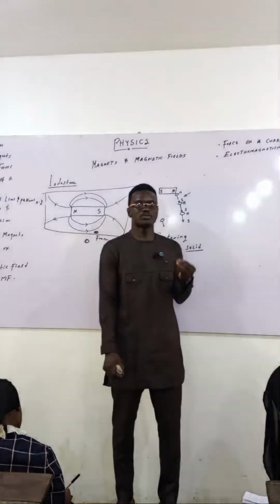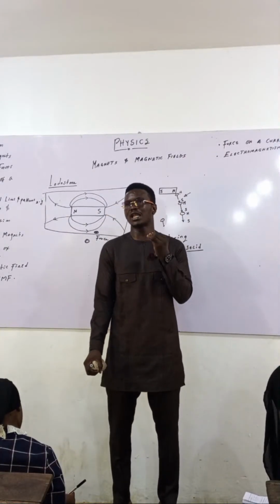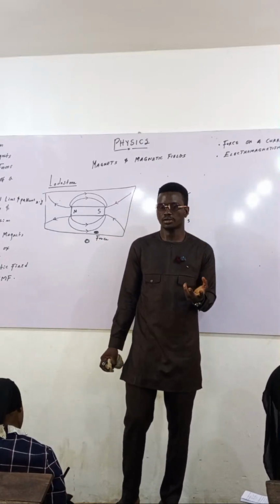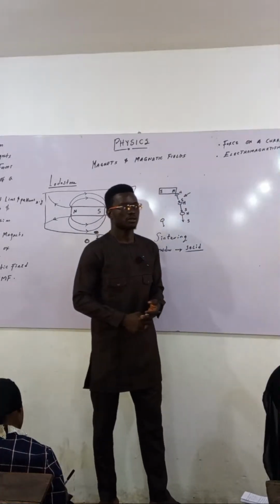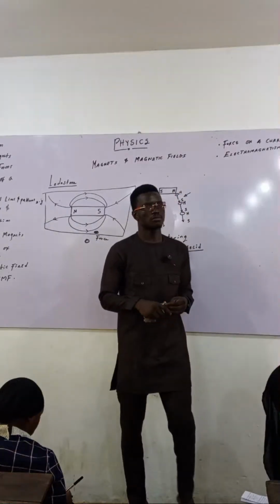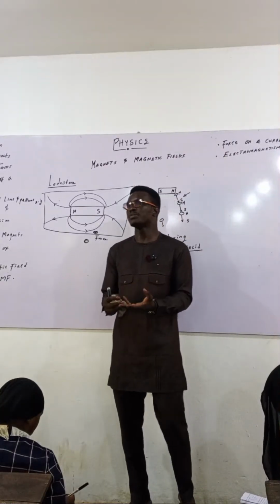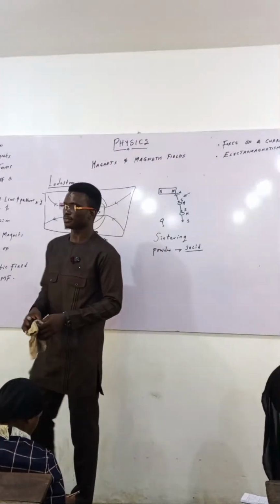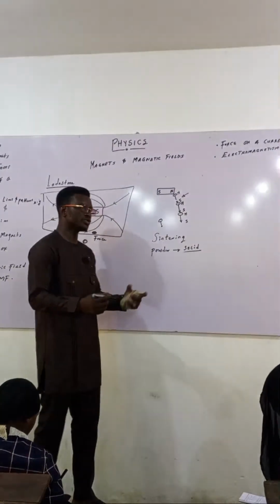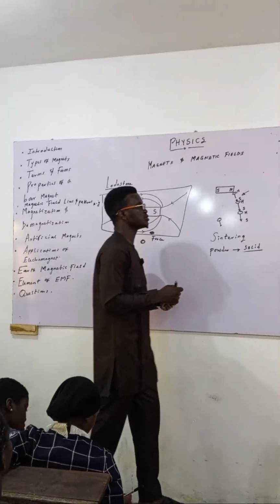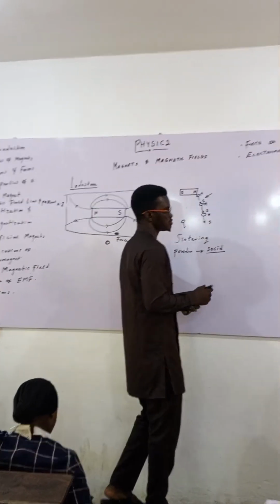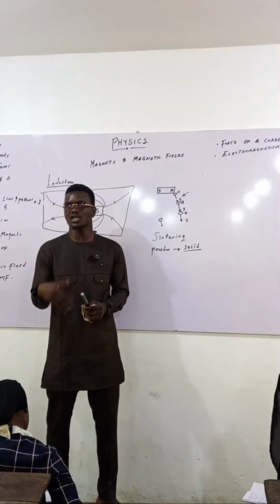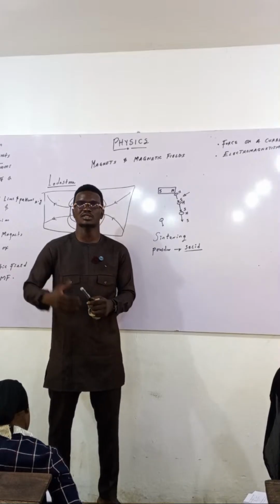And it is done by using a soft laminated iron core or ring. This is done by the use of a soft laminated iron ring. You don't use a solid bar magnet, you use a ring. Iron ring, soft laminated to prevent heating and all of those things.